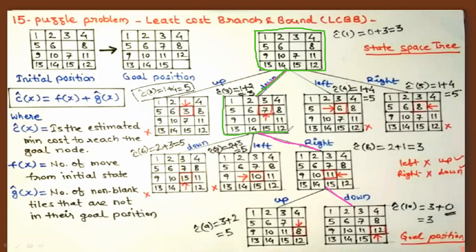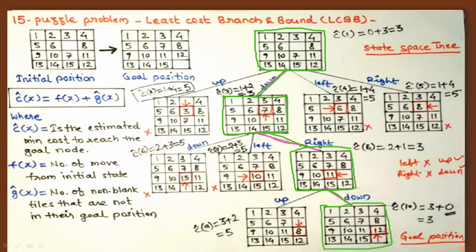In the first iteration, we need to find the minimum C cap value, which is 3. In the second iteration, this is the minimum C cap value. In the third iteration, this is the minimum C cap value.